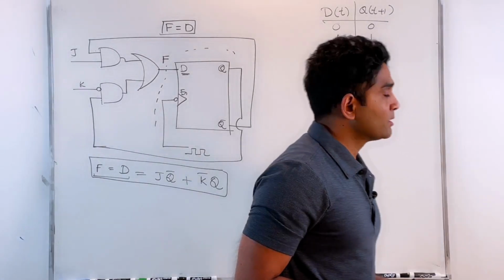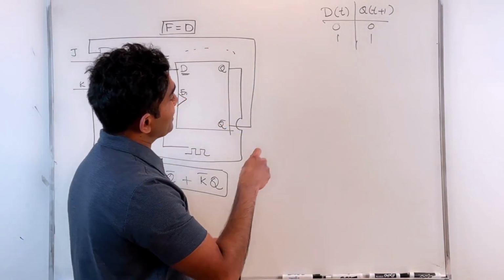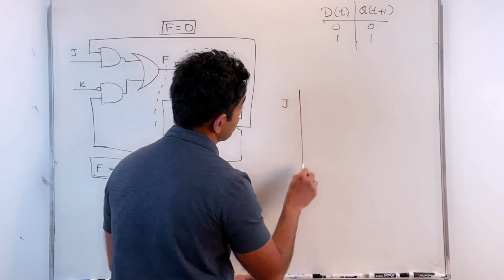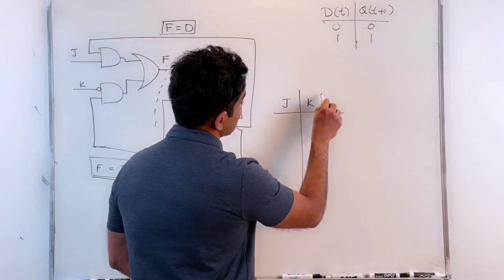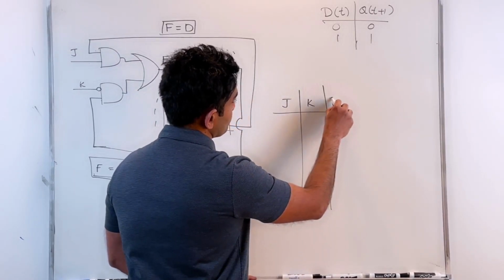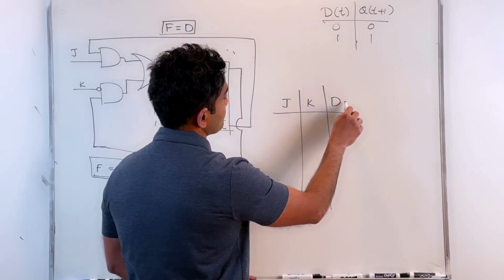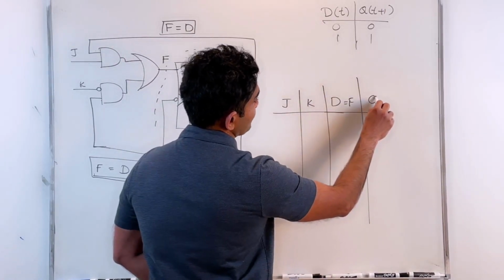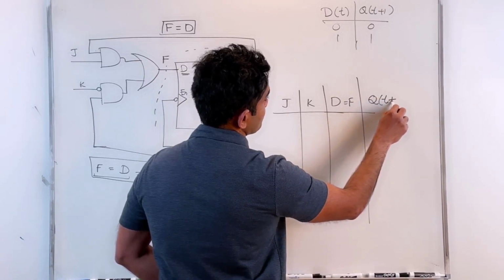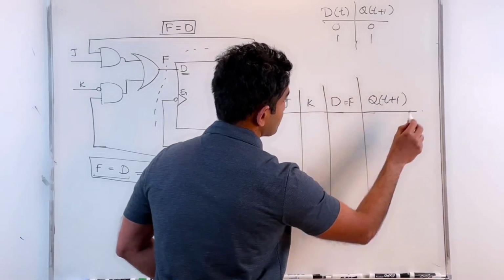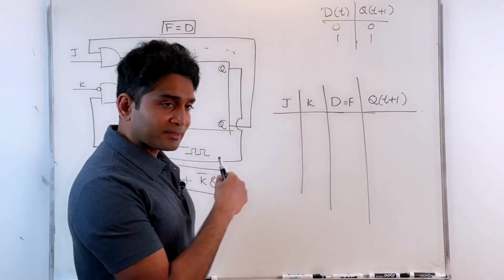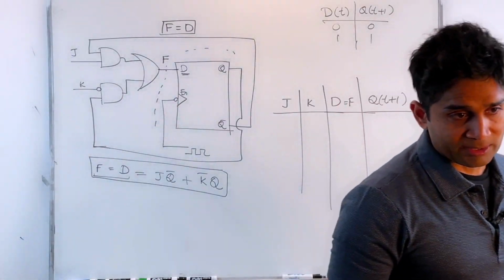All right. Now I would place my characteristic table this way. So that's my J, because I have two inputs, J and K. What would that correspond to D, which is equal to f, the same thing. And finally, what is Q(t+1)? This is exactly the procedure we have been following so far, right?